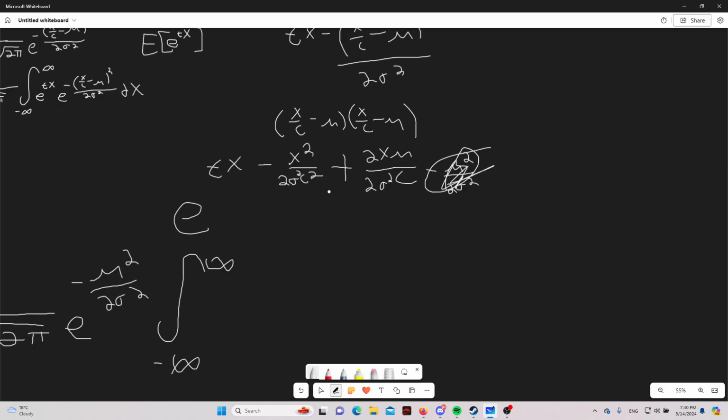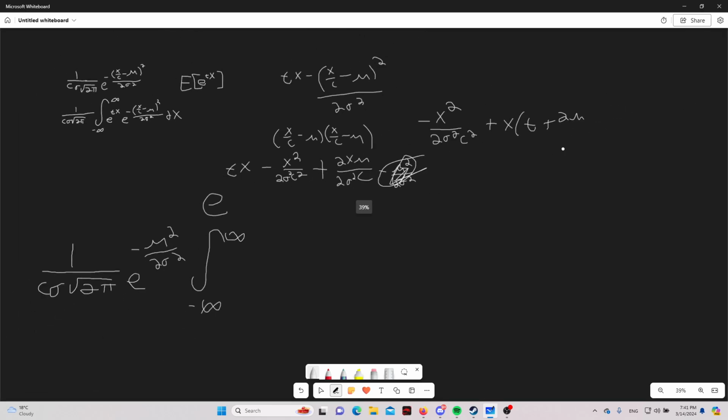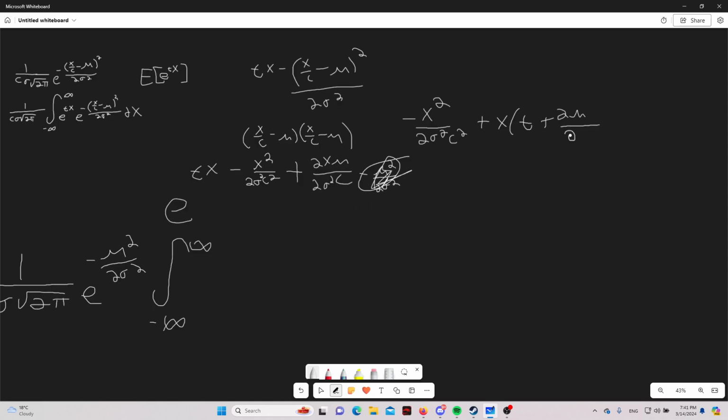Now I just want to consolidate this x term here. I'm actually going to rewrite this a little bit. So we have negative x squared over 2 sigma squared c squared. And then if I factor out x, this becomes t plus 2 mu over 2 sigma squared c.